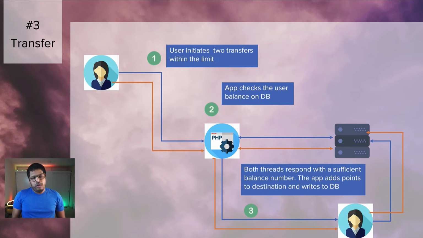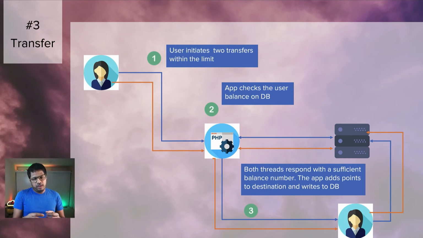Now we are looking only at the happy path. The user has initiated the transfer, and we are looking at the happy path with 2 threads. The user initiates transfers within the limit. There are 2 threads. The application checks the balance on the user database. Since both of the requests are within the limit, it will check the database and both of them will get a message saying that the user has sufficient balance.